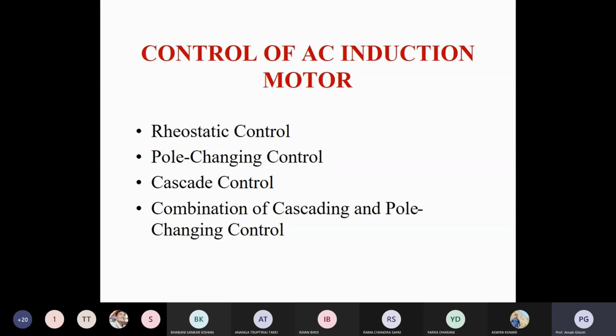Right now, most of the control of the motor is by microcontroller and microprocessor based controlling methods, and the drives will be installed in the locomotive. So you can easily do sophisticated control without any nonlinearities.